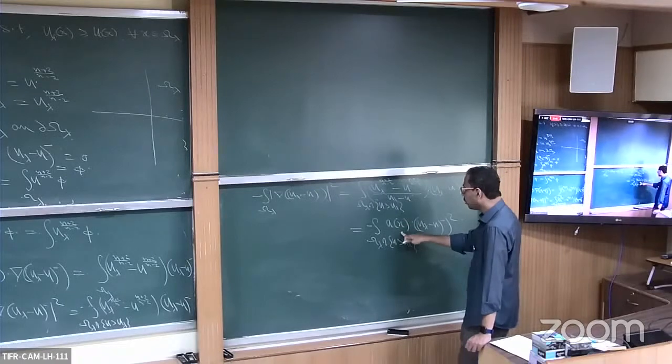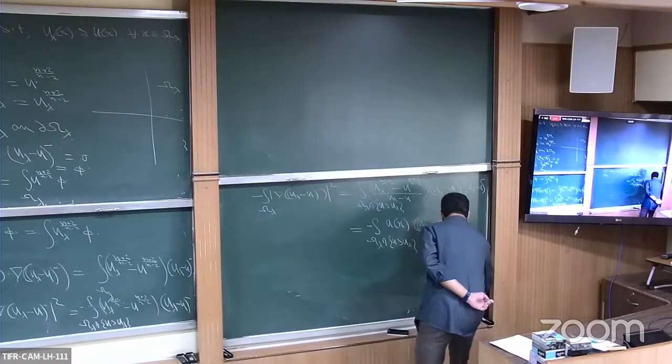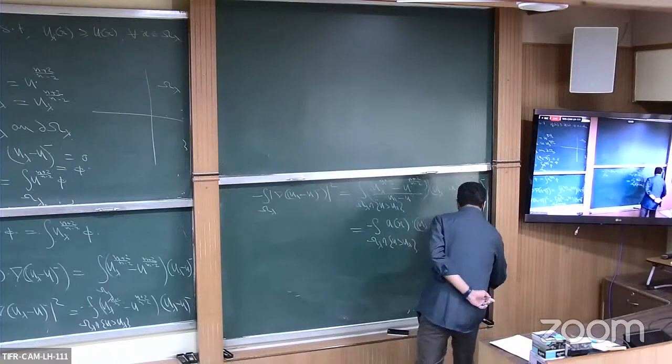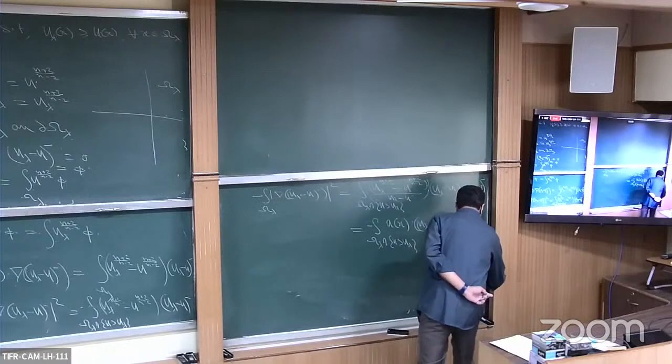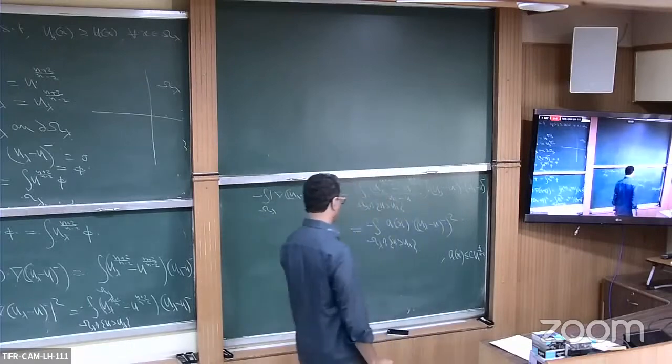So basically this ax you can bound by a constant times u to the power 4 by n minus 2, right? Minus 1 is here, 4 by n minus 2.